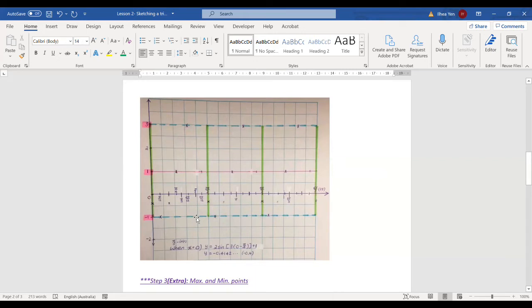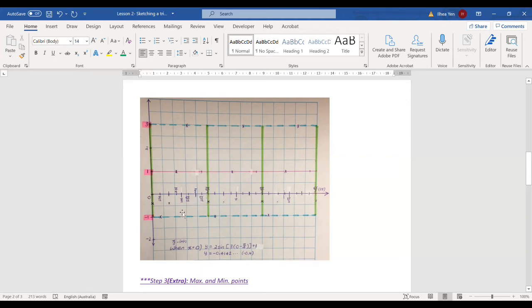I use all these highlighters, but during the exam you obviously can't do that. I would suggest you use a pencil and make a nice, neat, rough sort of draft graph here. There are 3 cycles, and each cycle goes up to 2 pi over 3.